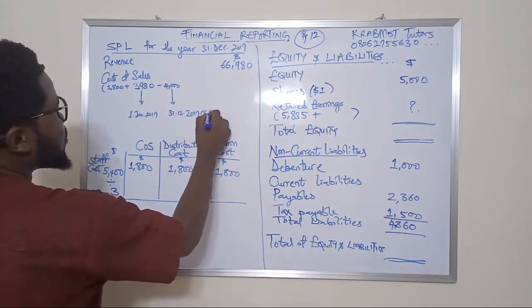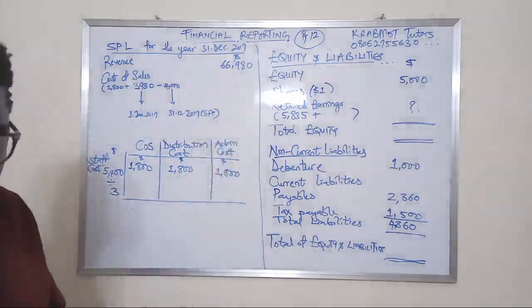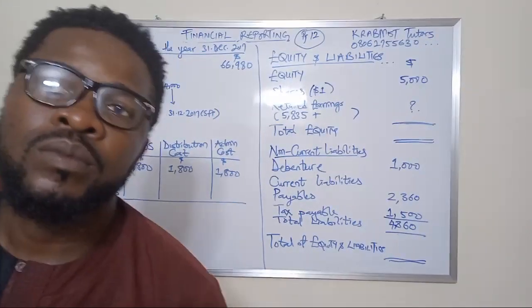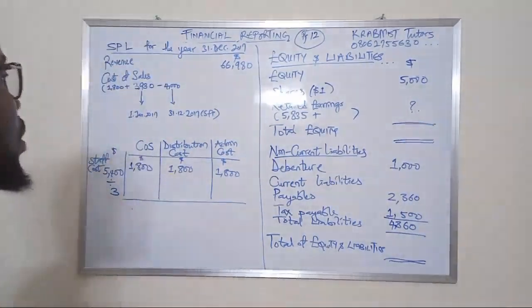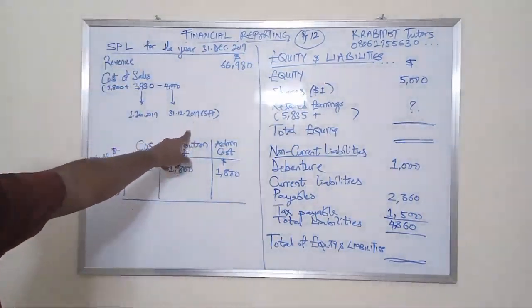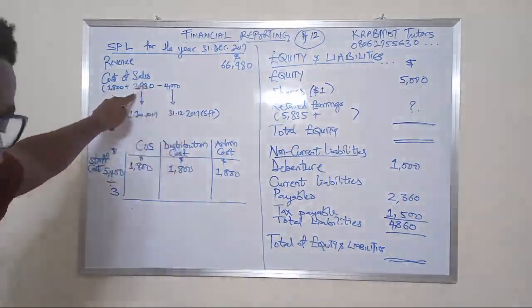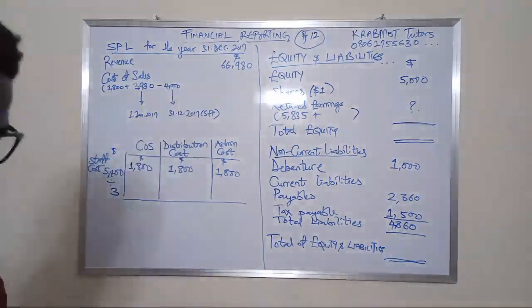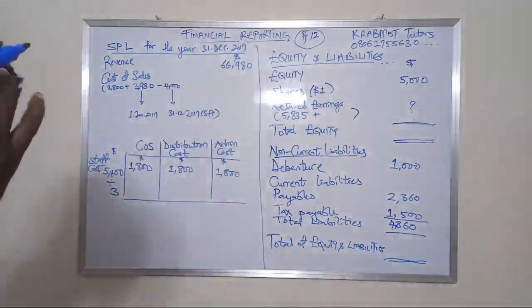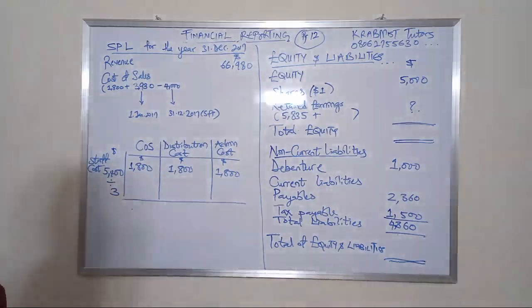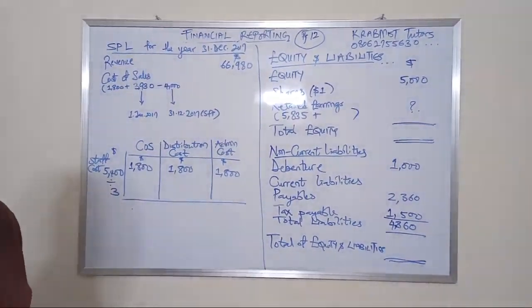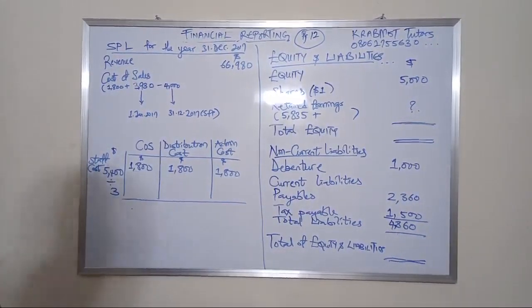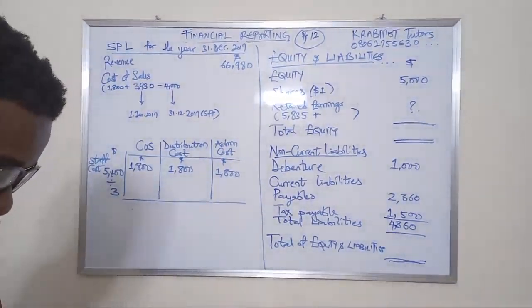This was in the SFP. Please tell me you understand what happened here. Inventory as at the beginning of the year, less inventory at the end of the year. IJ, do you understand? I cannot move forward if you do not understand.